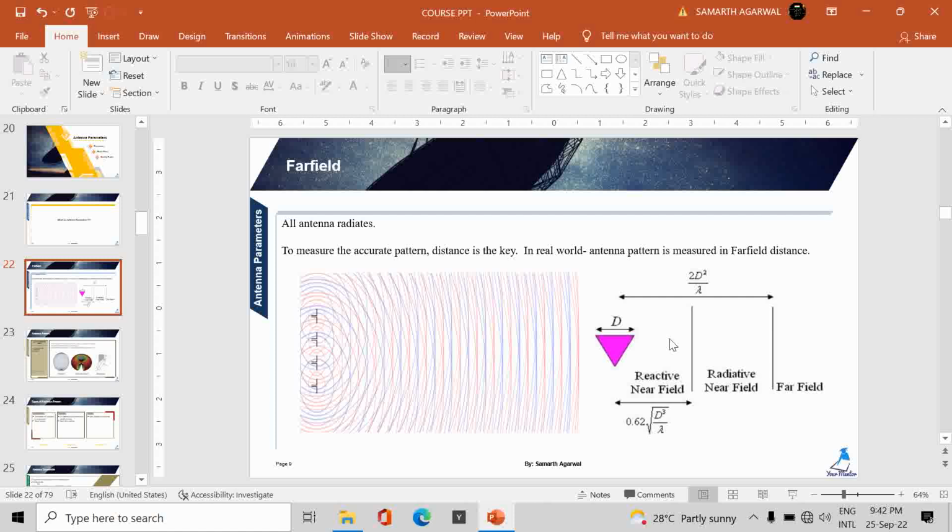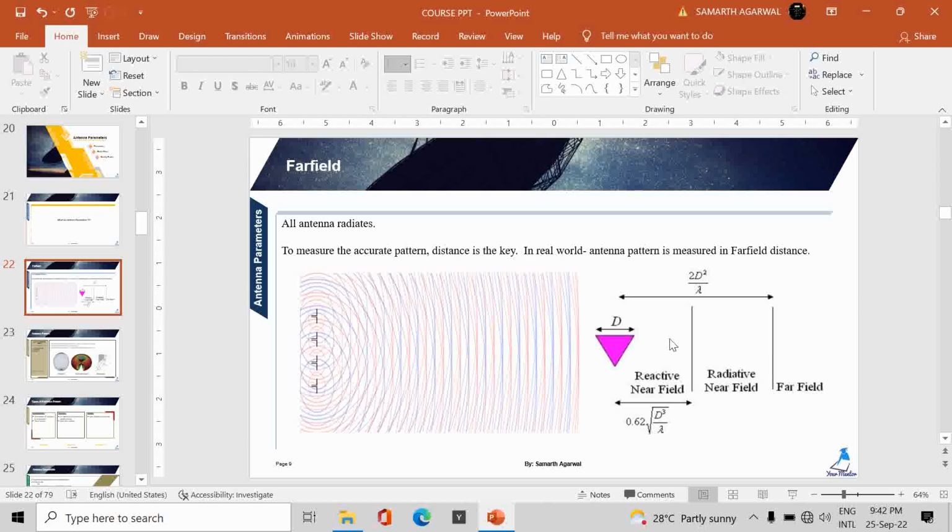The reactive near field will be at a distance of 0.62 under root D cube by lambda, where D is the linear dimension of the antenna and lambda is the wavelength at that particular frequency. Then the radiative near field has a formula of less than 2D square by lambda, whereas the far field will be greater than 2D square by lambda.